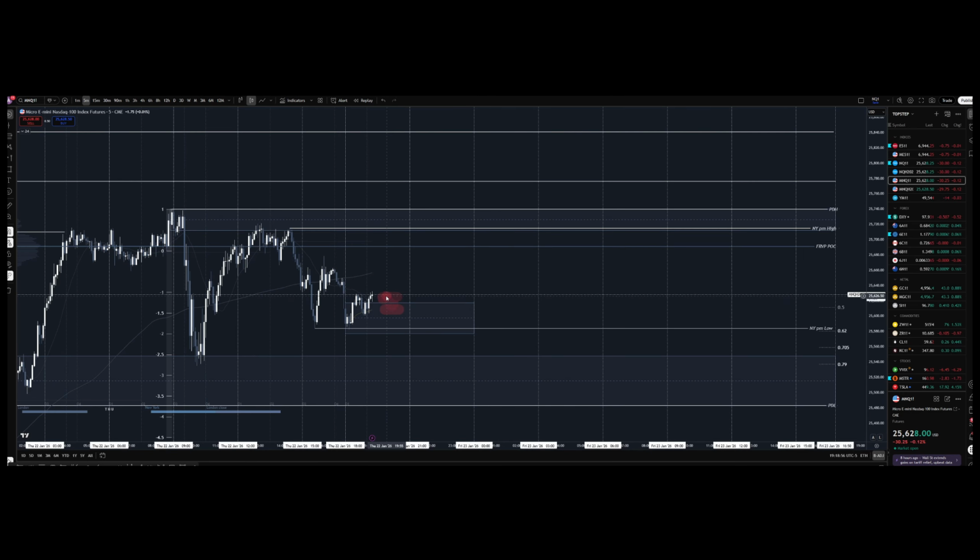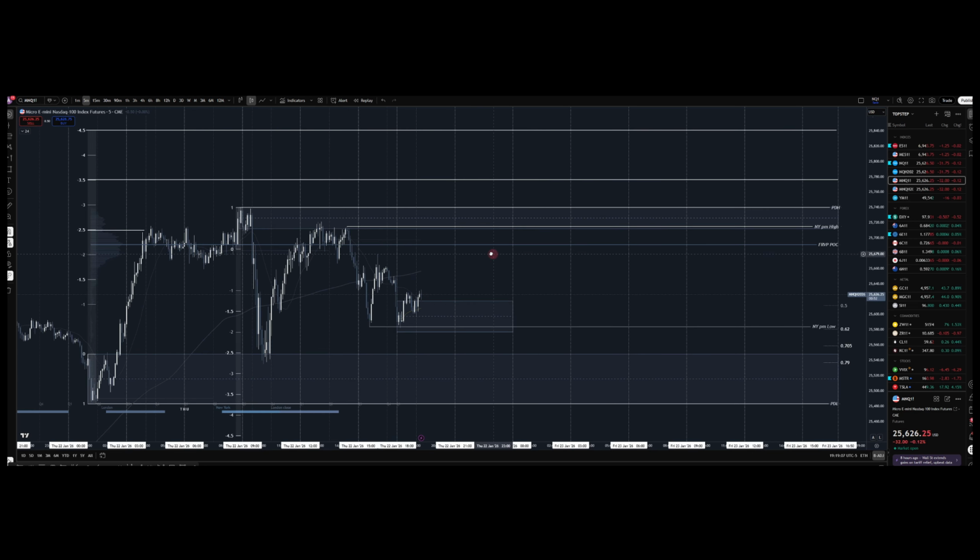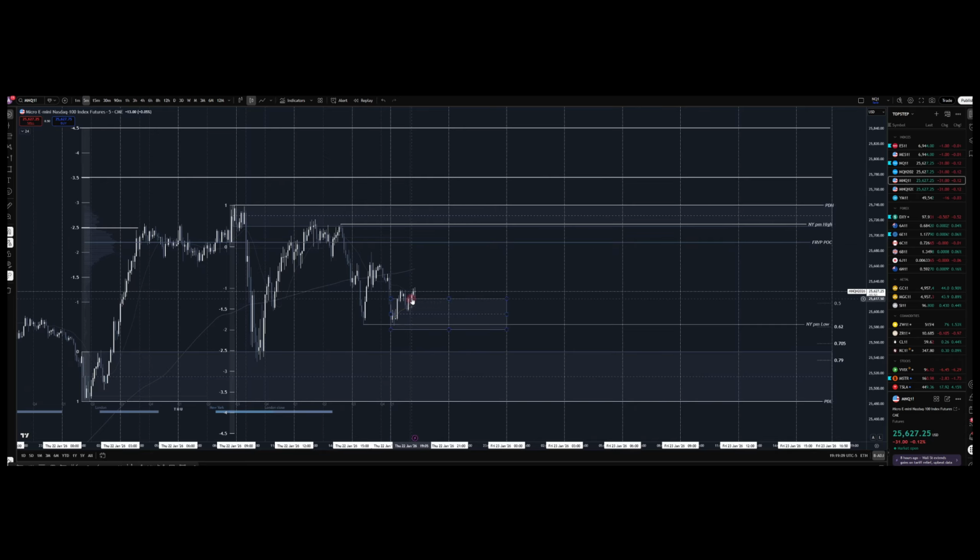We're looking for that to create a box to be the wick of that hour. And then you could look to get an entry once we break above the 5 minute of that 8 p.m. candle. Otherwise, we do our consolidation. Maybe we get a sweep here, create a London low of the day, and we get a zone that we can work with.